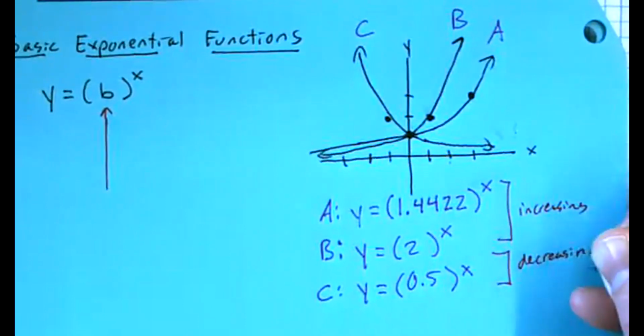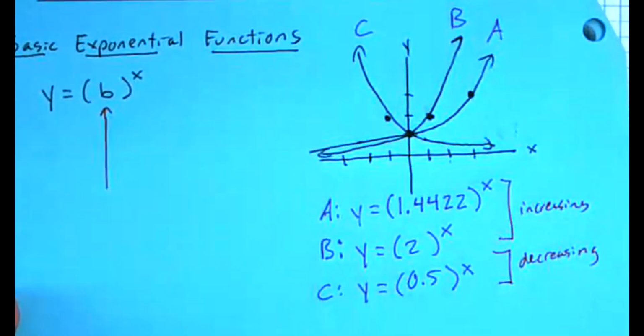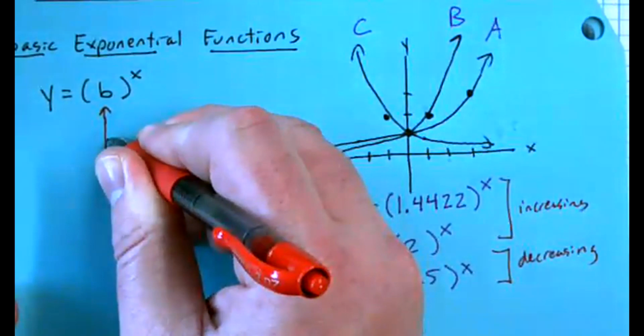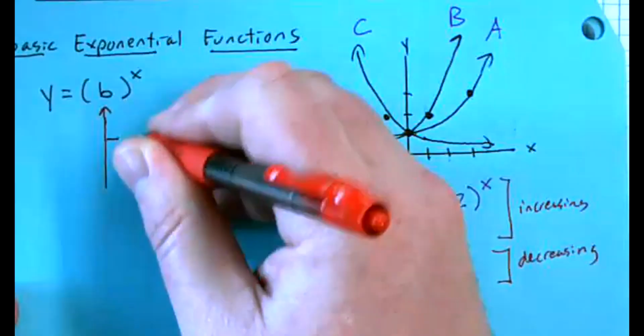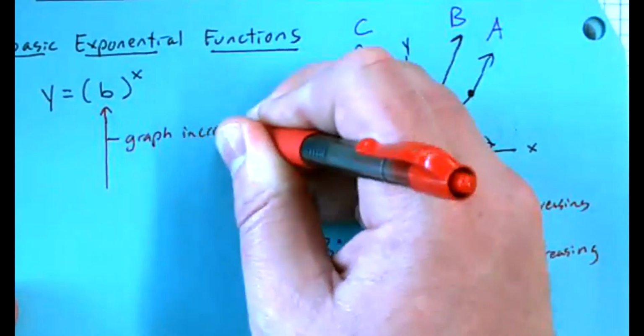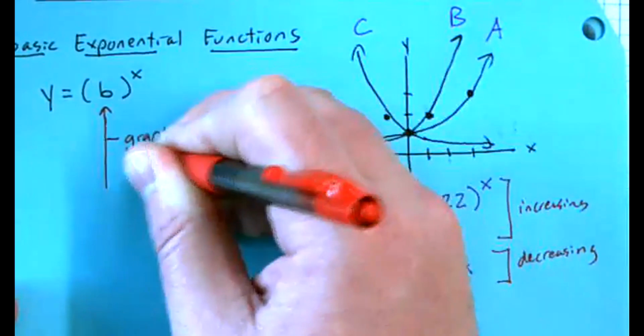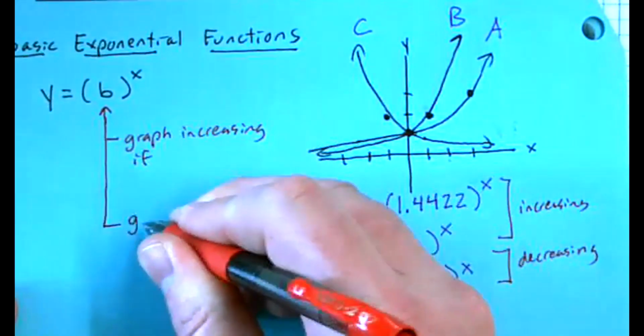Please don't shout out answers. Thank you. So see if you can find me a rule. What kind of values for B cause our graphs to be increasing? And what kind of values cause our graph to be decreasing?